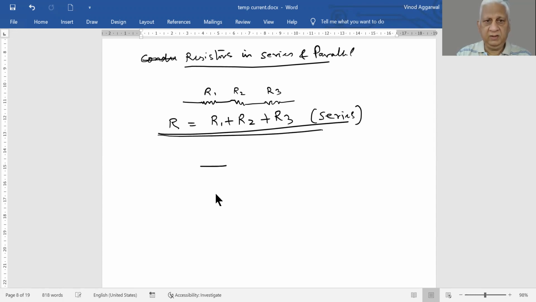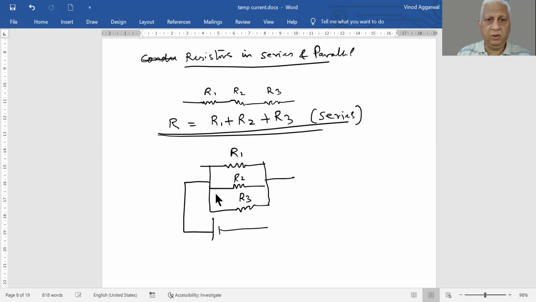Now you have another case where you have R1, R2, R3 supplied to a common battery.